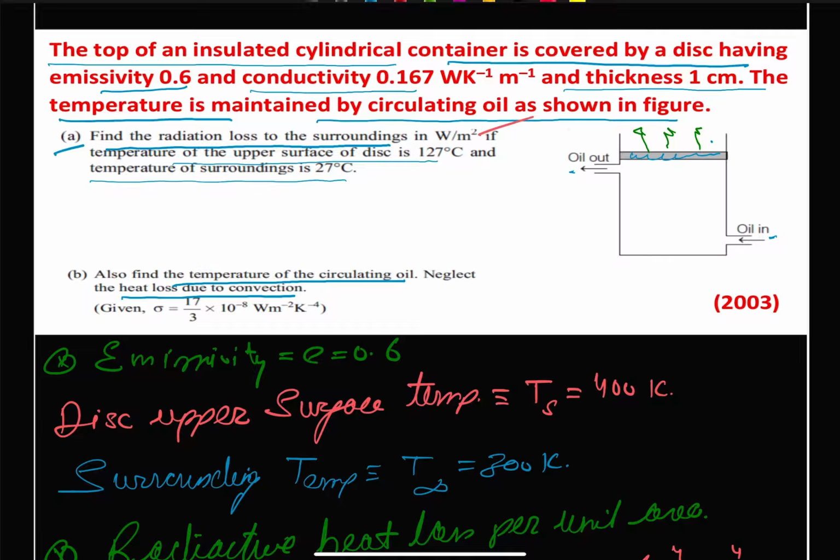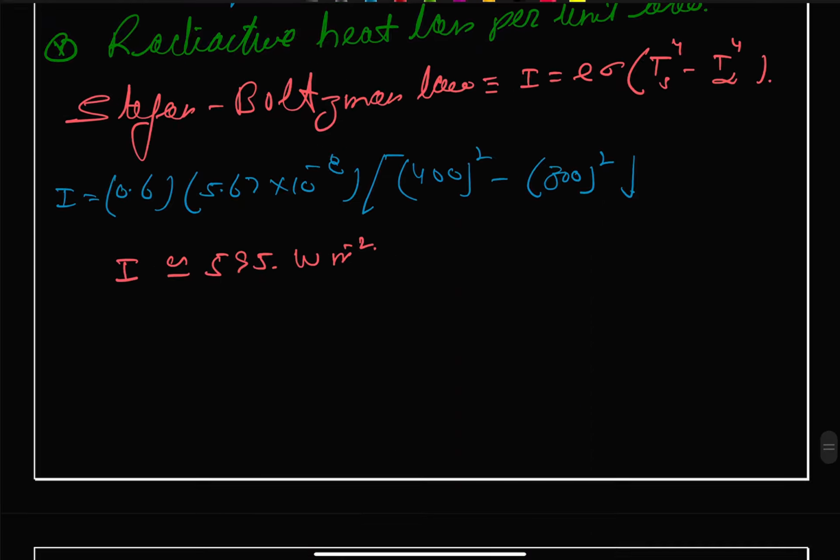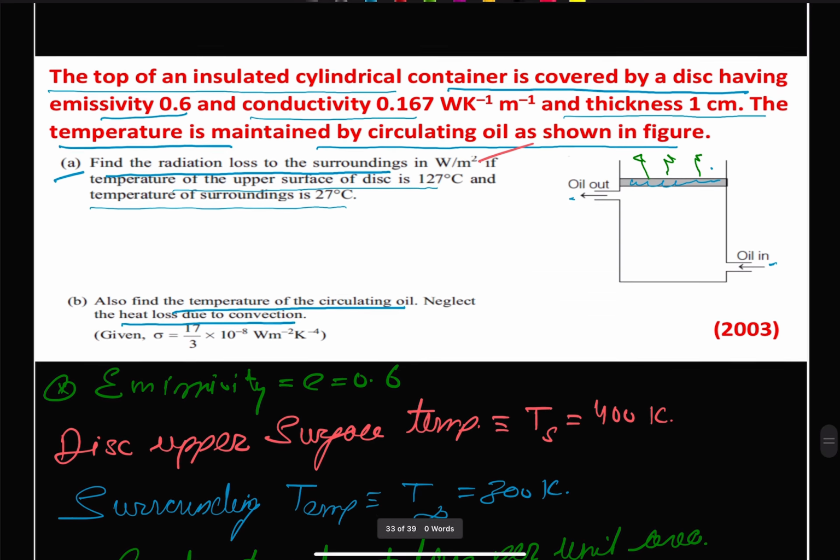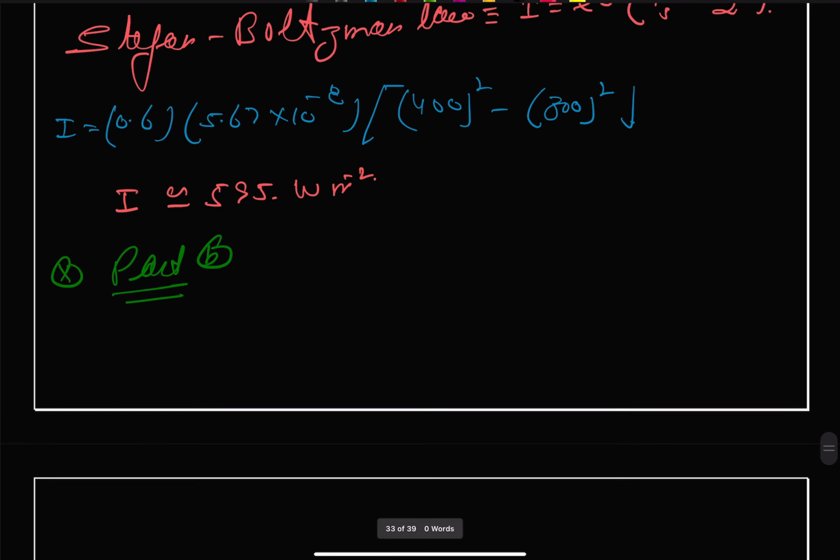Now we come to part B. In part B, we have to find the oil temperature, and for that we are going to assume a steady state condition and that the loss is entirely radiation loss.